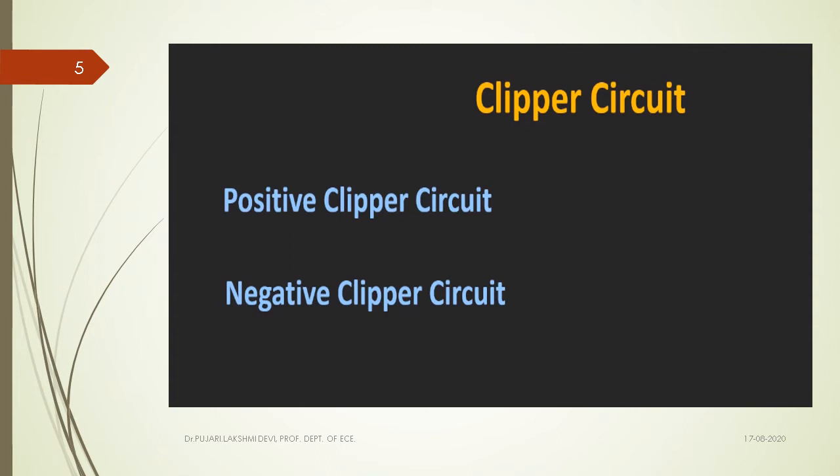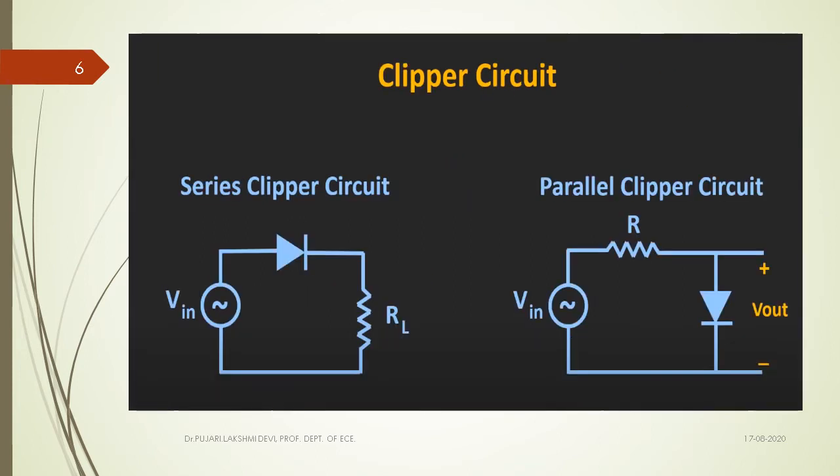Let us see positive and negative clippers in depth. Clipper circuits are again divided into series clipper circuits and parallel clipper circuits, another category based on the connection of the diode. Whether it is series or parallel: in a series clipper circuit, the load is connected in series with the diode.